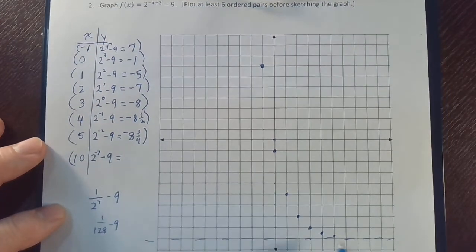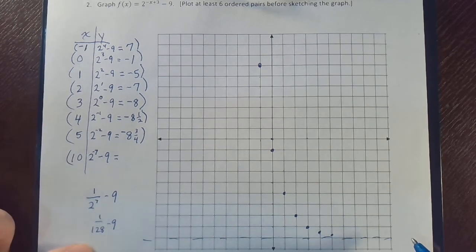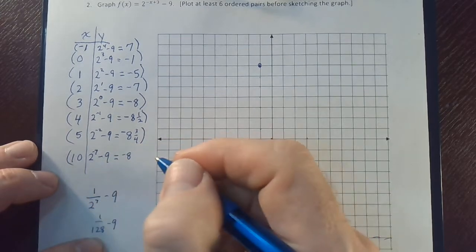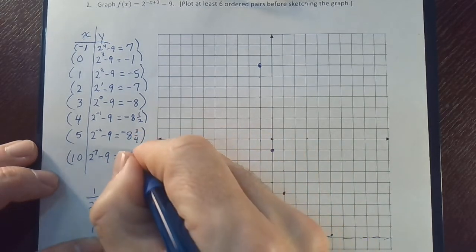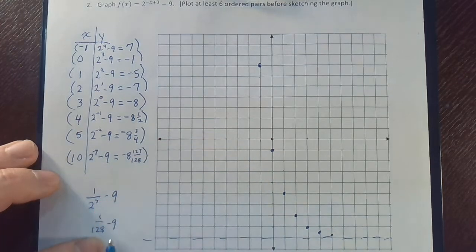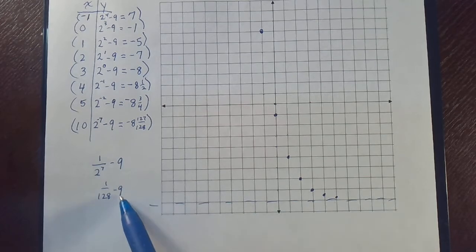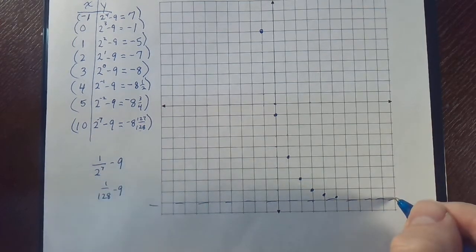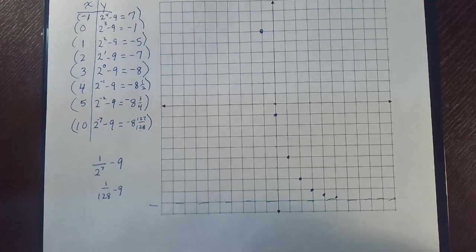So essentially, that's going to be negative 8 and 127 over 128. Whew. Okay, so that is extremely close to negative 9, just barely above it.